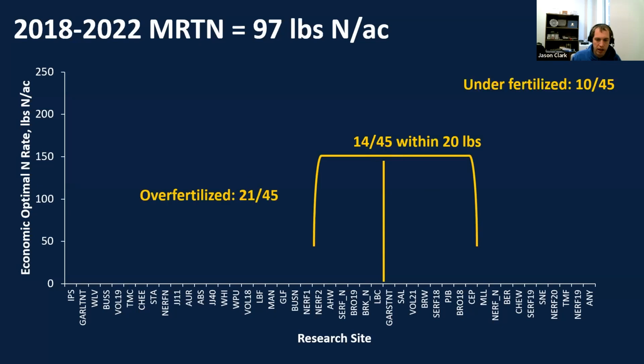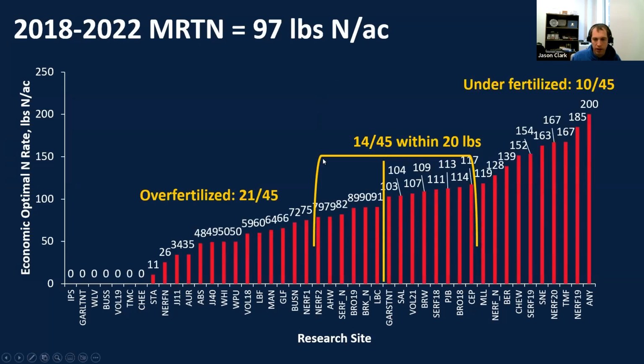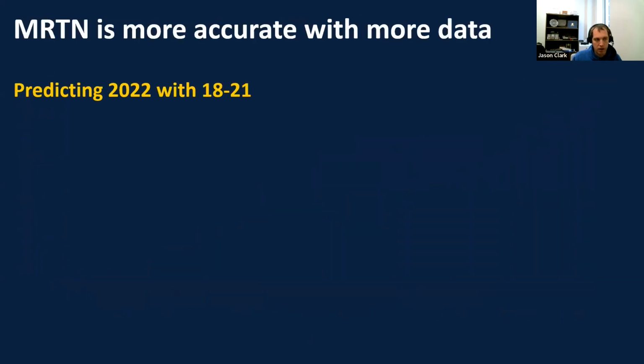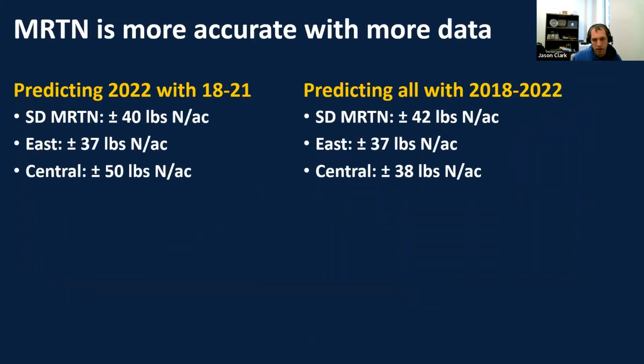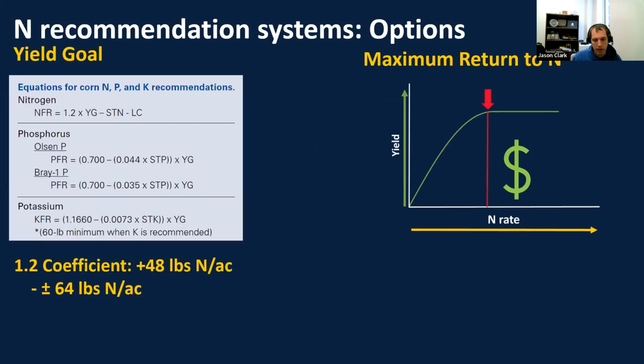And this just shows us the accuracy of those. If we use that rate, 14 of 45 within 20 pounds, we're under fertilizing 10 sites, we're over fertilizing 21 sites. So we can still definitely improve in the MRTN fashion, but it's getting better as we put more data inside of it. So these are just those, and the biggest comparison we'll look at here.